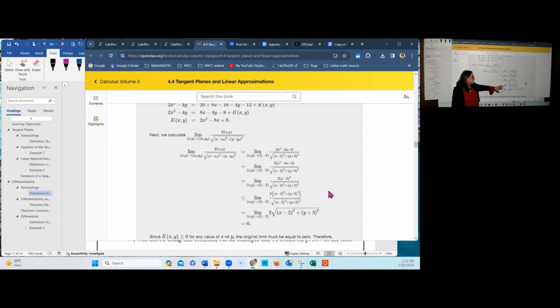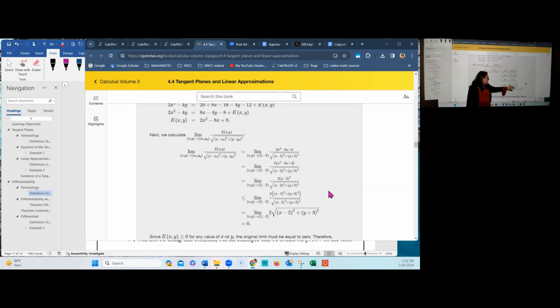In order to do that, they need to somehow simplify this algebraically, but there is no means of simplifying it algebraically. So what they did instead was found an expression that they could simplify algebraically that was larger than the original expression. So they added in a term that did not appear in the original limit.